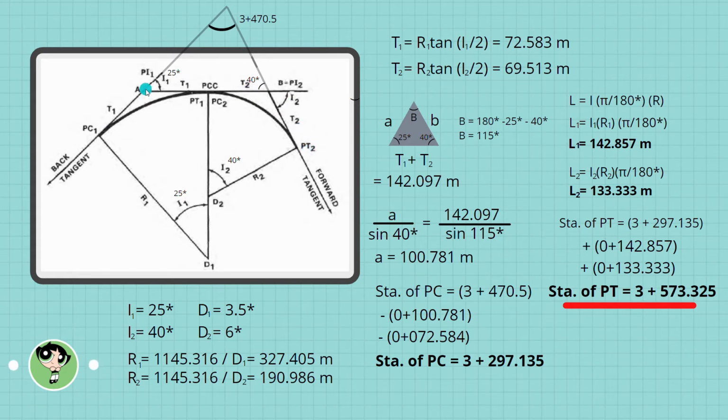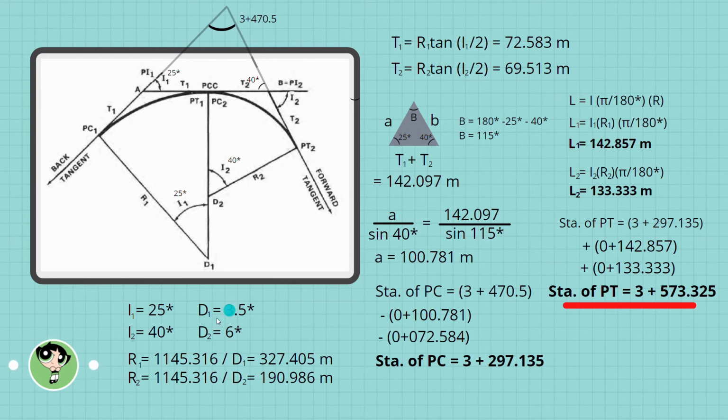To get the first and second tangents, we need R1 and R2. So the values we need for the station PC are R1, R2, the first and second tangents of the curve, the station PC, the first length of the curve, and then the second length of the curve.